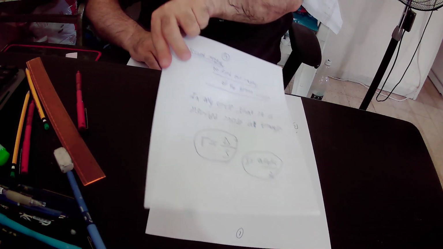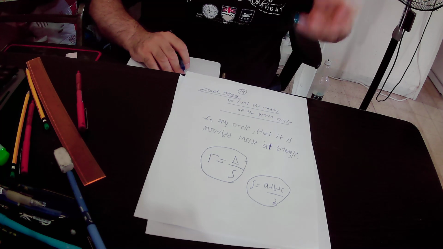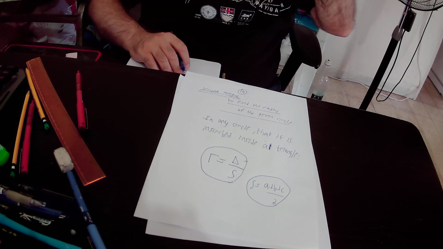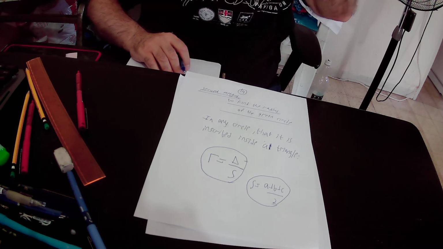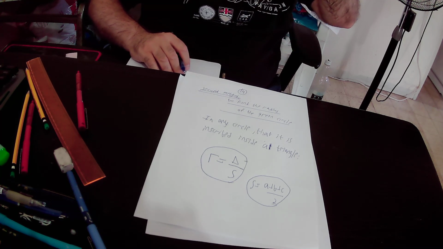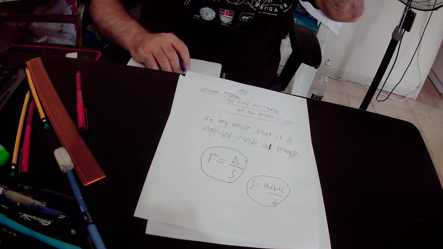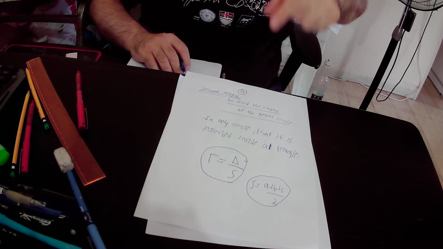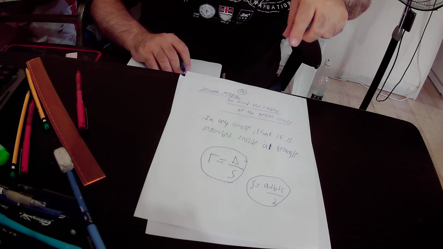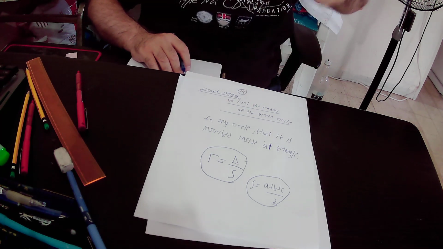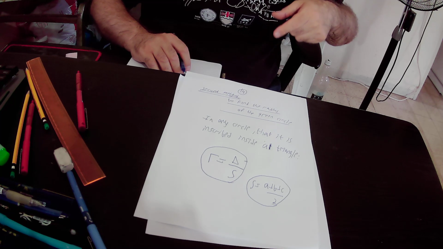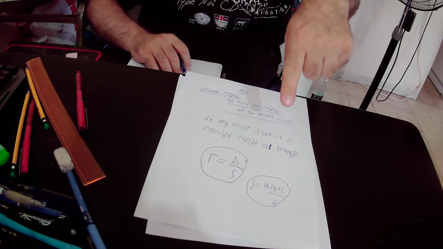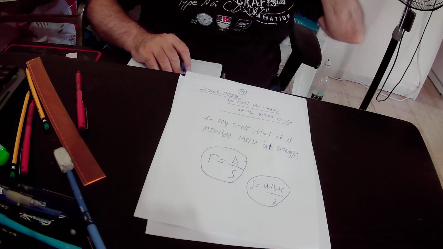So, in any circle that is inscribed inside a triangle, we have a special formula to find out the radius of that circle. The radius will be equal to the area of the triangle that contains that circle over the semi-perimeter of the triangle, where the semi-perimeter equals the perimeter of the triangle over 2.